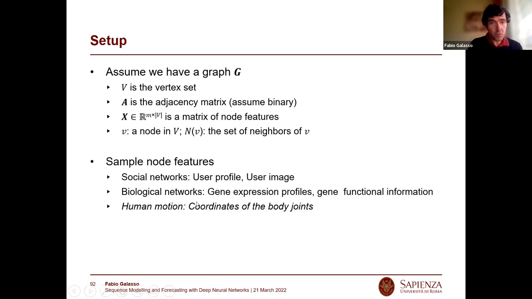You can do graphs for a number of applications. So social networks, user profiles and user images, biological networks, because molecules are graphs, or human motion, like we have applied. And so here the nodes are the body joints.